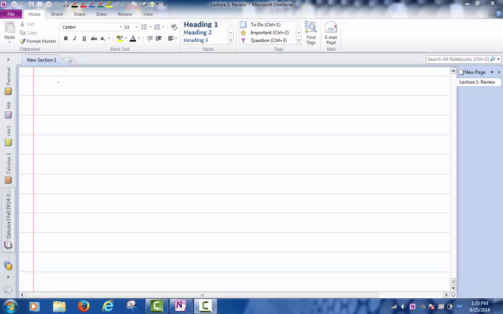Once again, let's recall the definition of continuity. If I have a function f, we say that f is continuous at some number a if two conditions are satisfied.